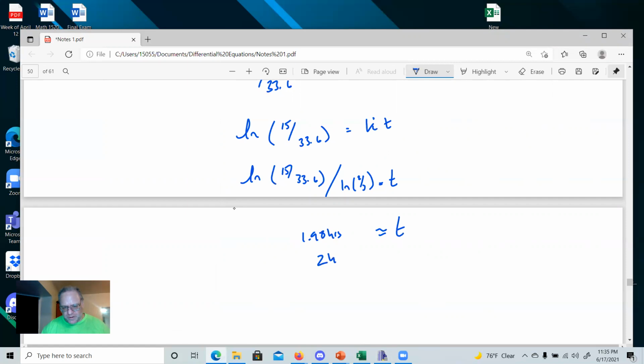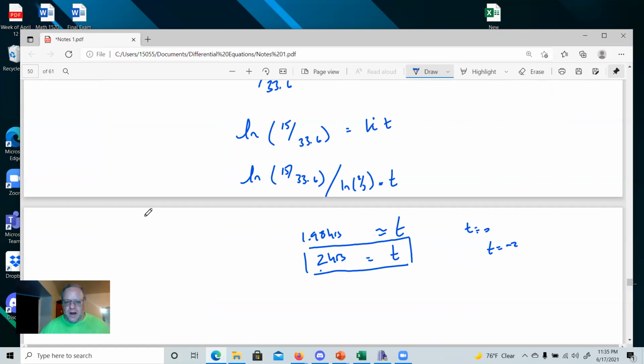We're going to call that about 2 hours. Time of death, 2 hours before discovery. Now, if you had set t equals 0 for time of discovery and plugged it back in, you would get t equals -2. So 2 hours before you discovered it would have been time of death, which is exactly what we found here. So time of discovery was 2 hours after this person died.